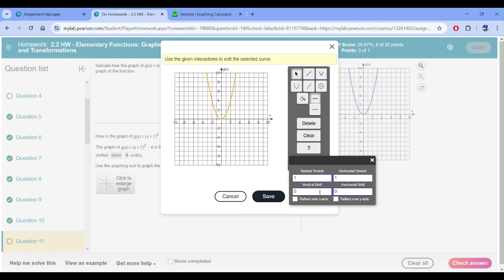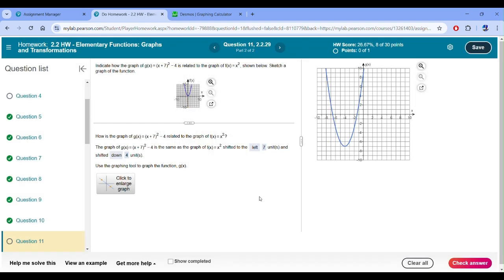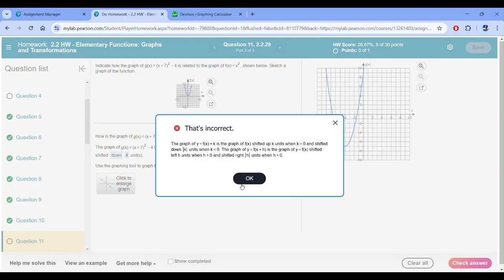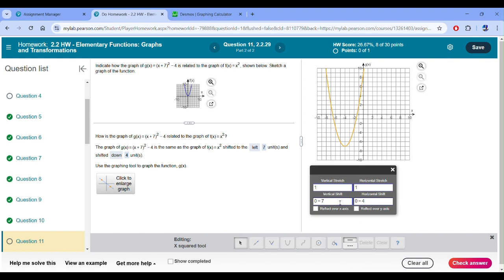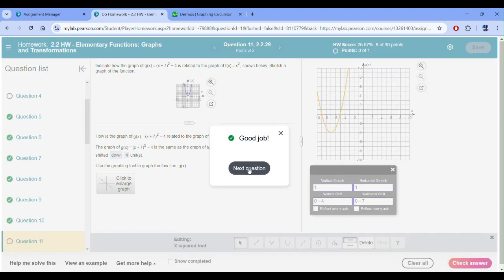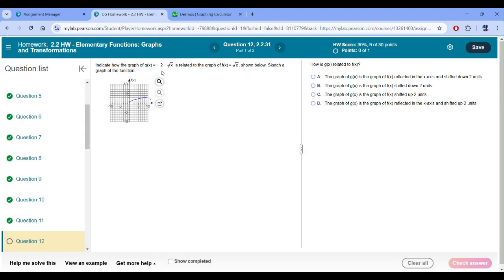Vertical shift was negative 7. Horizontal shift was negative 4. Save. Check answer. Oh, it took, I had to switch them. 7. There we go. Okay, weird tool.